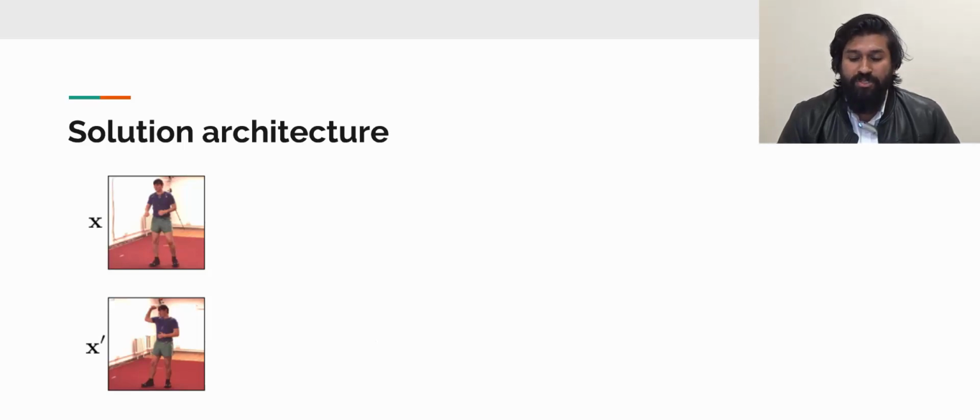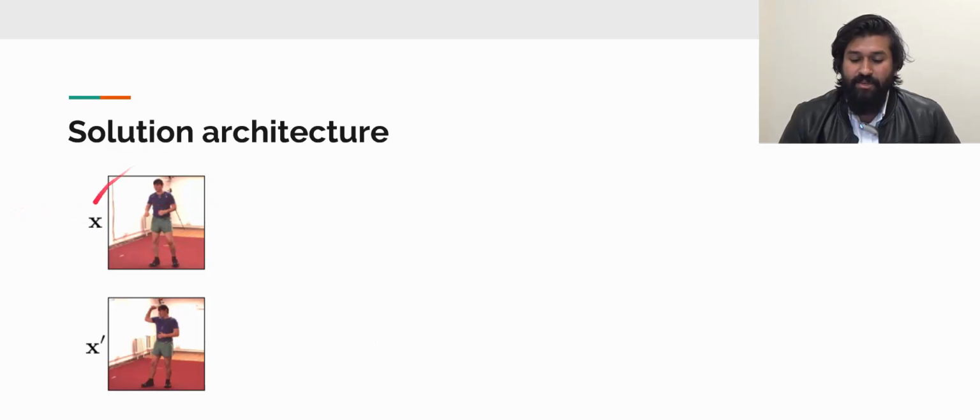The most interesting thing about this solution is that primarily they are not trying to solve the problem of finding the landmarks. Rather they are trying to find the landmarks as a byproduct of generating images. So what does it mean?